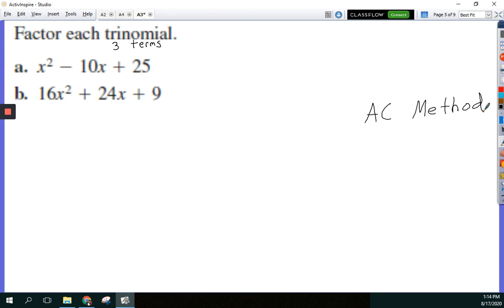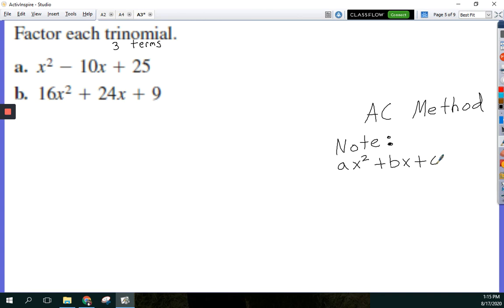Some of us might just be able to look at those trinomials and be able to factor them in our heads. That's always our goal, but if we can't, that's okay. We'll get there eventually. So with our AC method, the biggest thing to recall is that when we have a trinomial, especially a quadratic trinomial or a degree of 2, our general form is ax squared plus bx plus c.